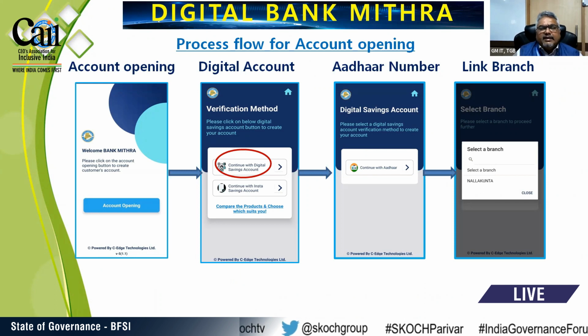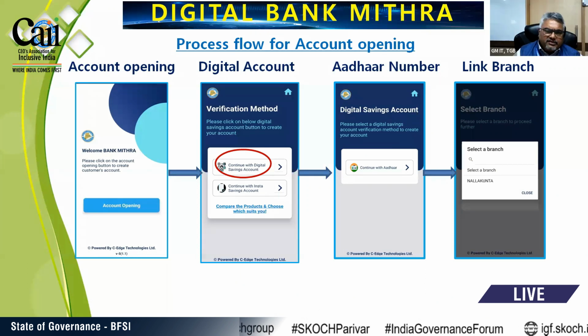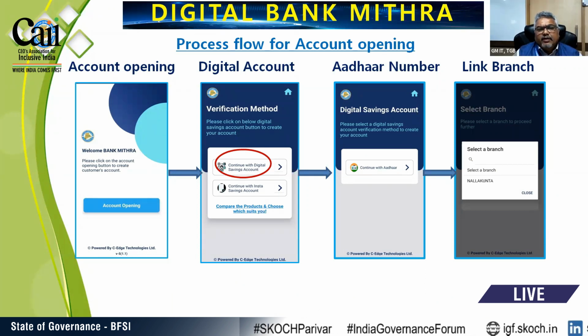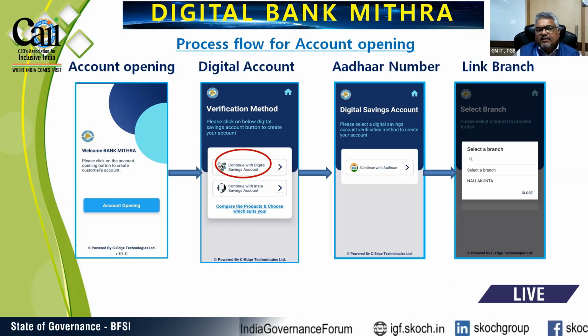So when any person wants to open an account with our bank, they can use this app, which is now made available to the CSP, and they can use the option of continue with digital saving or Insta account. Insta account is one where the Aadhaar is available in a matter of a few seconds based on the OTP authentication.